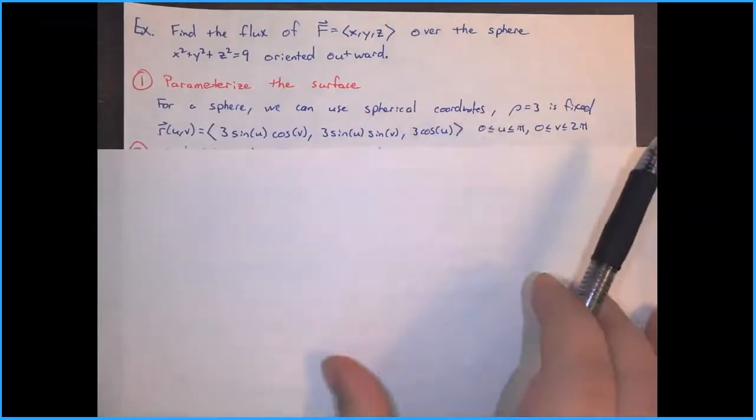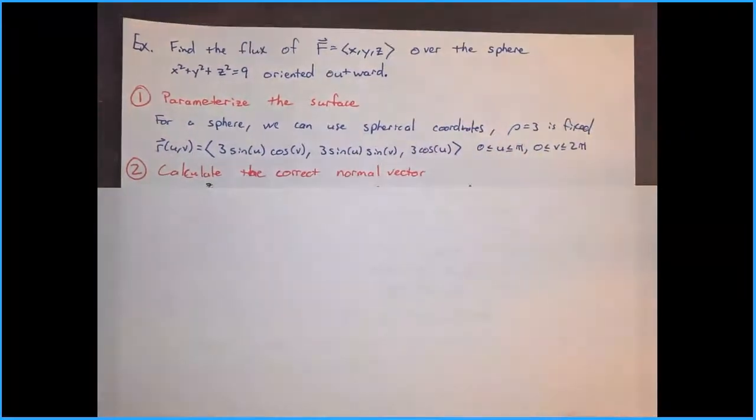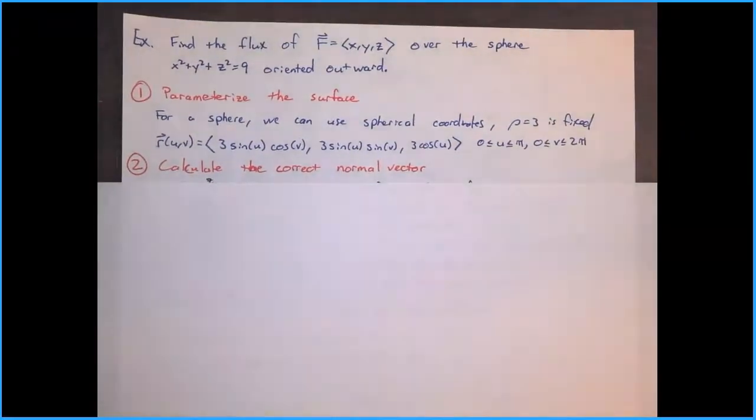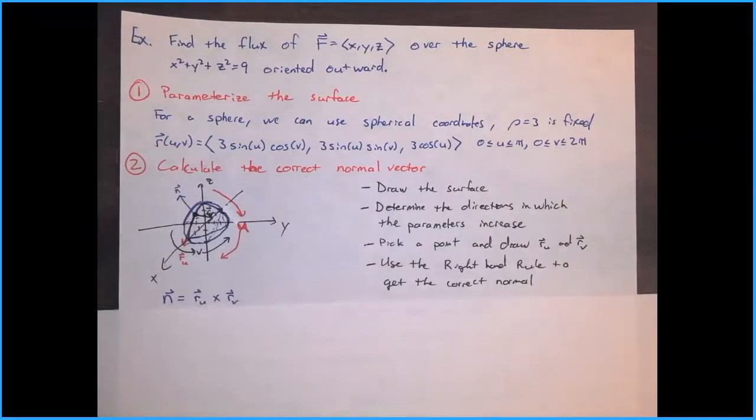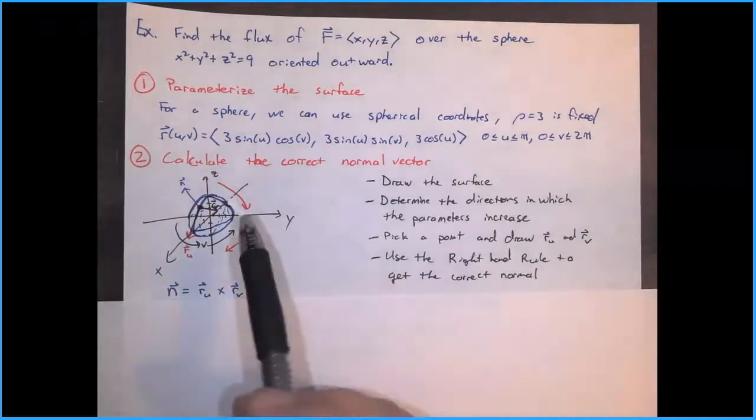Okay, parameterize the surface. Our next step is to calculate the correct normal vector. And I'm going to go through both methods here, using the right-hand rule and then guess and check. So to use the right-hand rule, you need to conceptually know how the parameters are traveling along this object. So your first step is going to be to draw your surface, which I've done here.